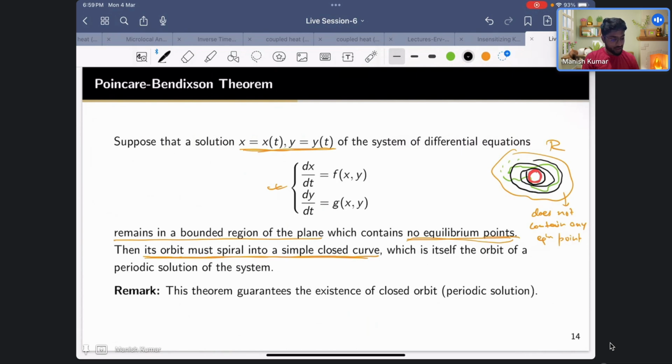So this theorem guarantees the existence of this closed curve, or closed orbit, or periodic solution. Furthermore, it says that any other orbit will be spiraling around that closed curve, that's all we can say. So using this theorem you can say whether a periodic solution exists or not. That kind of question you can address.